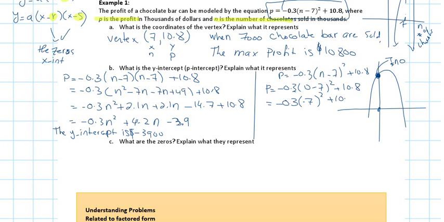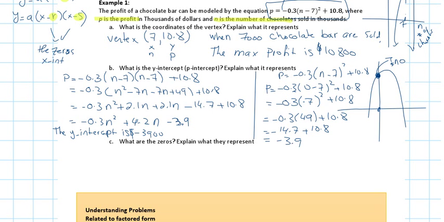Negative 7 squared, that's 49. 49 times negative 0.3, that's negative 14.7. And that is negative 3.9.